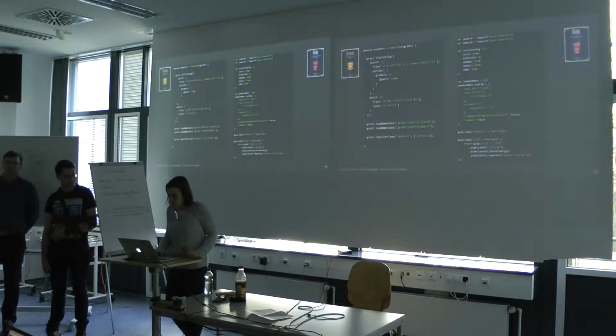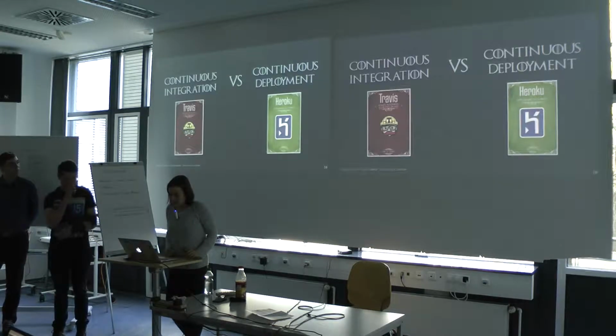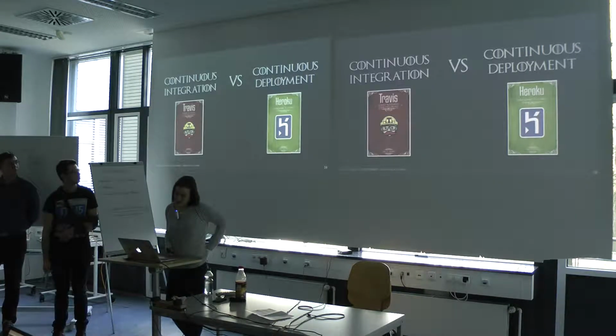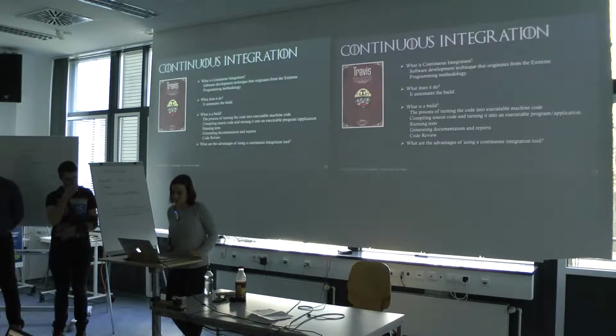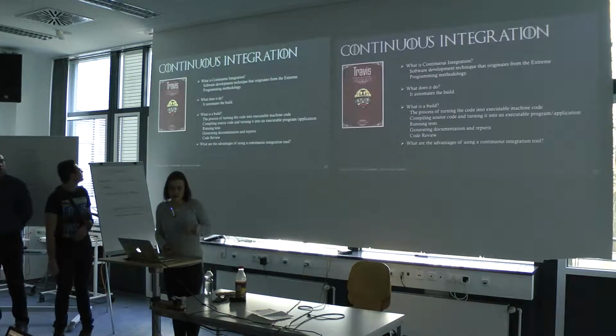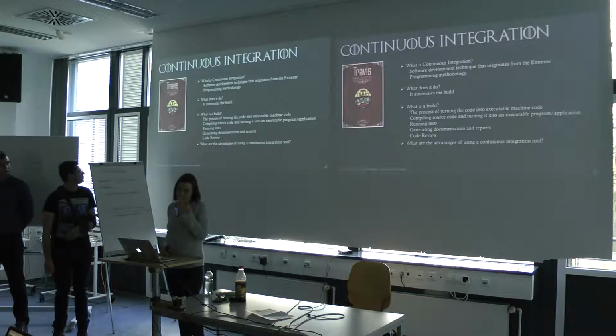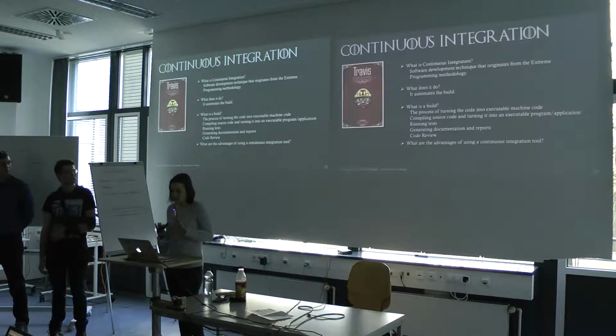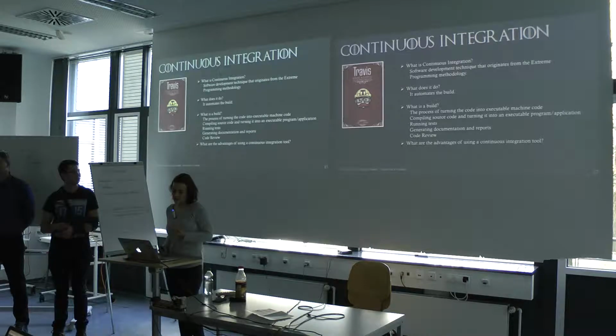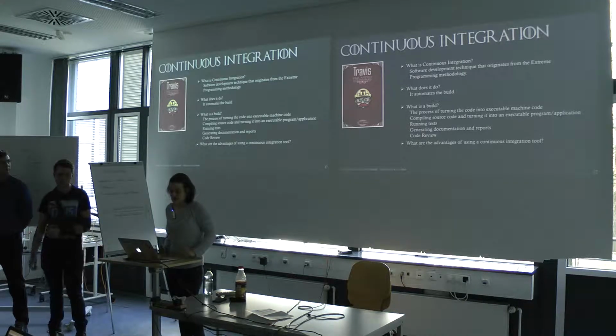It's just an example. And the next tool we're going to have a look at is the continuous integration tool we used for the project, which is Travis CI. And first of all, to distinguish between the terms, continuous integration comes from the extreme programming paradigm, and it's actually a development technique.